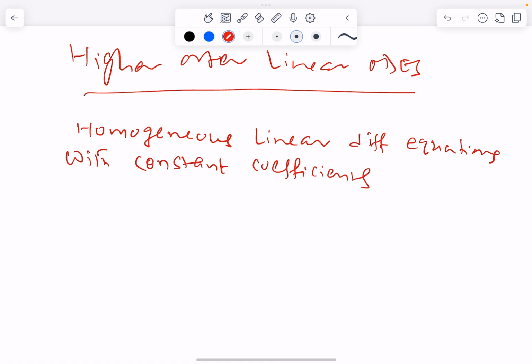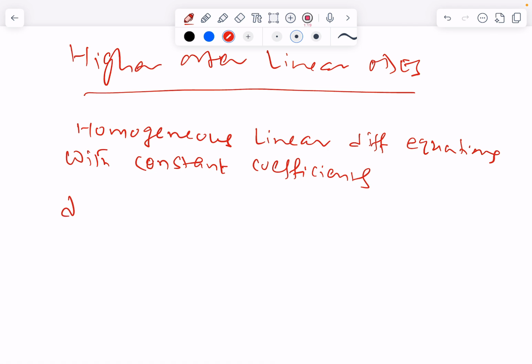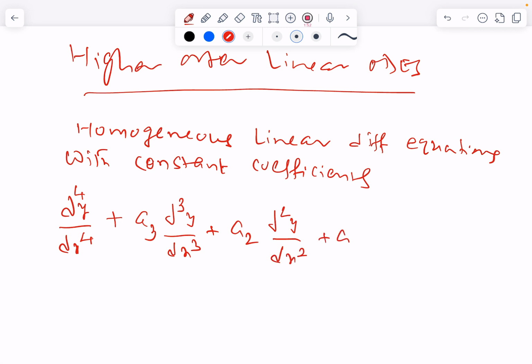So the fourth order is like this: d4y/dx4 plus some constant, say a3, times the third derivative of y with respect to x, plus a2 d square y by dx square, plus a1 dy by dx, plus a0 y equal to 0.